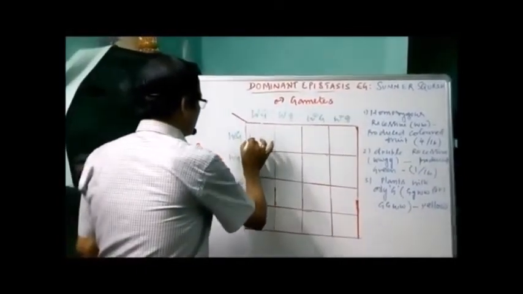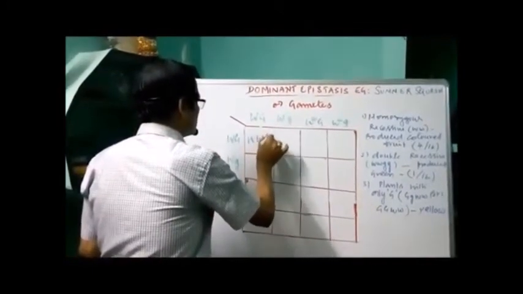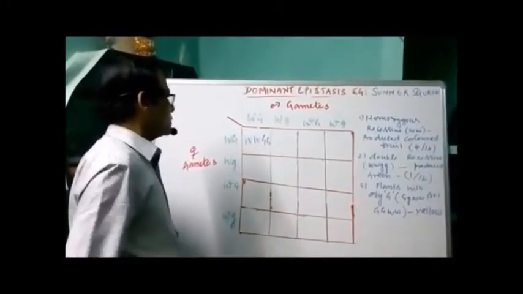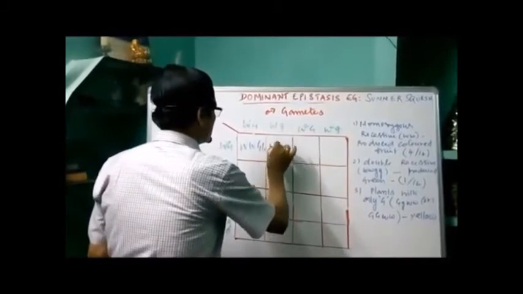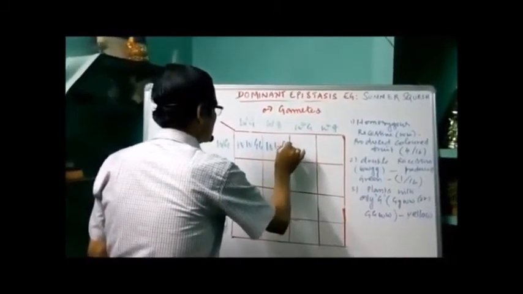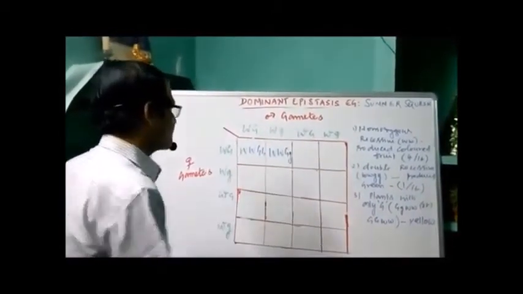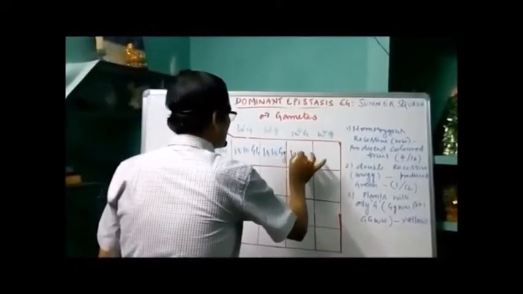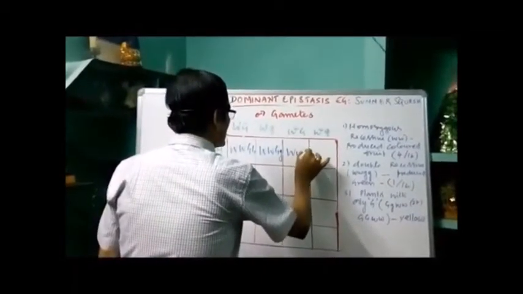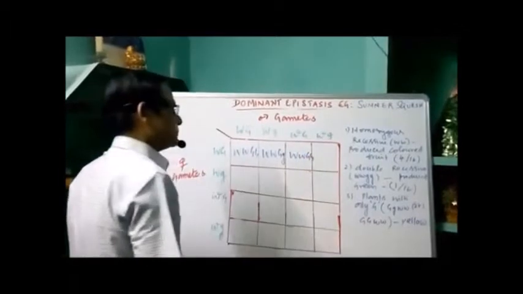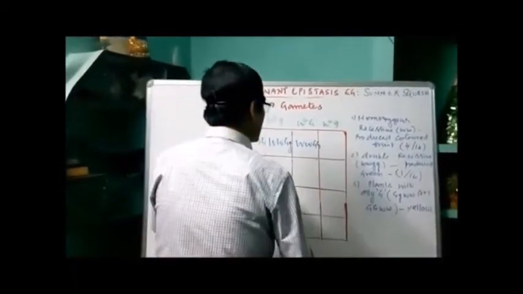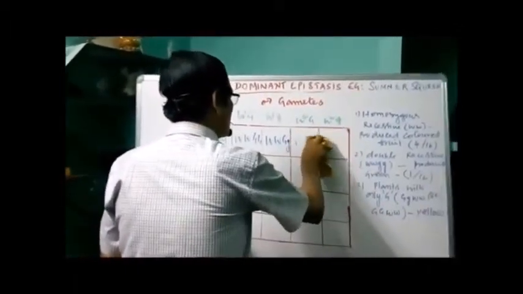So I'm writing, this is one genotype. This is another genotype. This is another genotype. I am writing just in proper boxes.